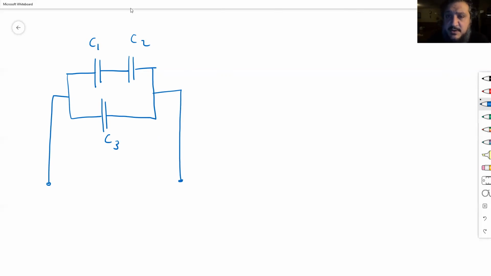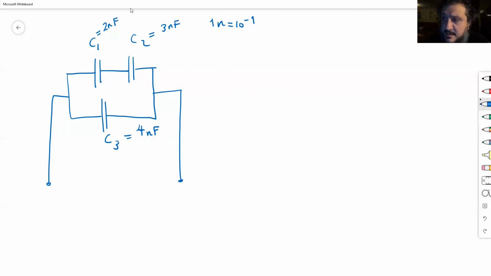Let's say C1 is 2 nanofarads, and C2 is 3 nano. Nano means 10 to the negative 9. And C3 is 4 nanofarads. Usually 1 farad is a really huge capacitance.